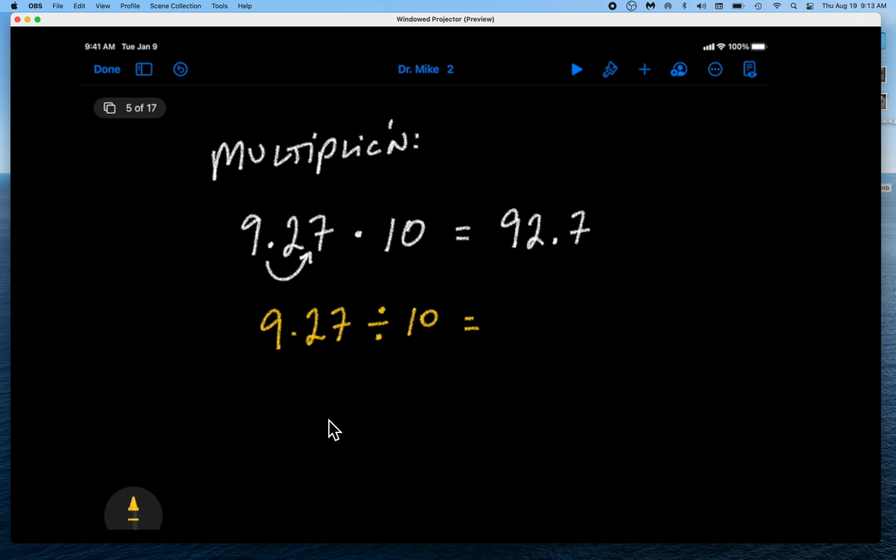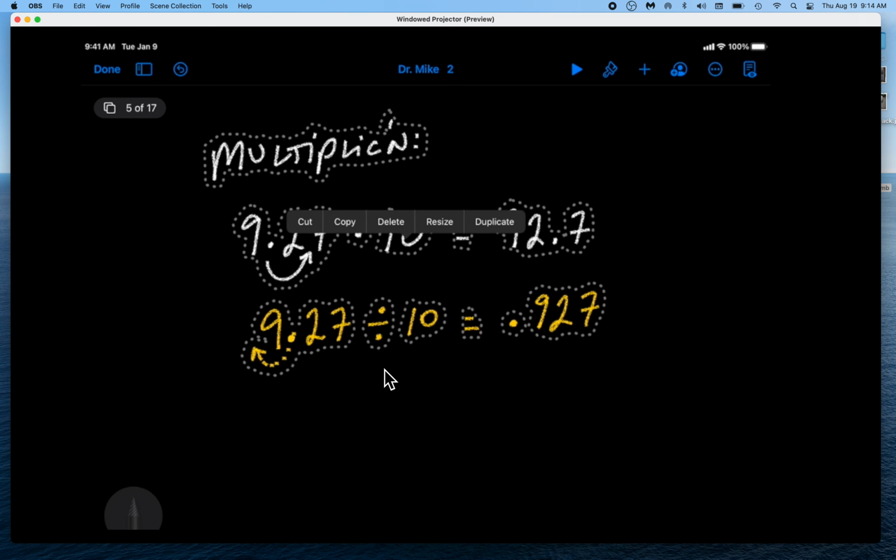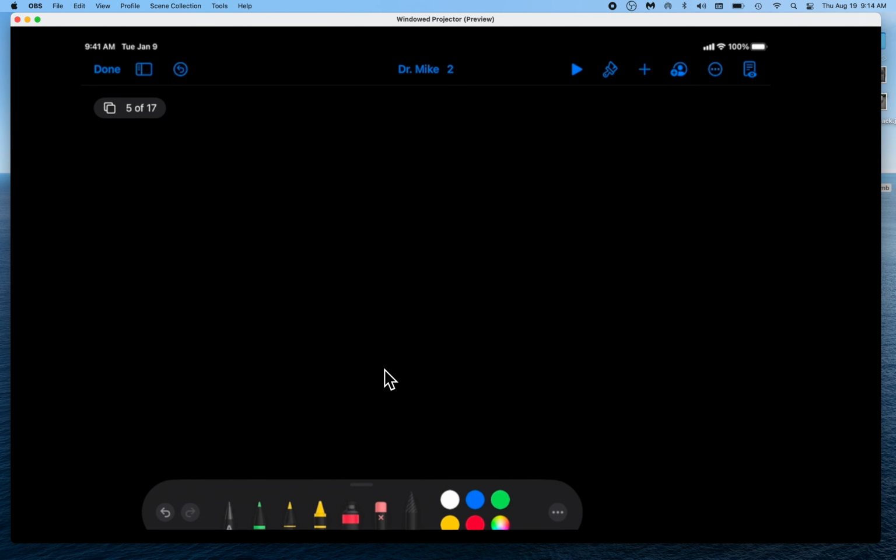So if we're going to divide 9.27 by 10, we're going to take the original decimal place and move it 1 place to the left, and our final answer is going to be 0.927, otherwise known as 927 thousandths. 9.27 goes to 927 thousandths. We get smaller because we are dividing. Folks, that's it in a nutshell. Let's do some examples to reinforce this concept.